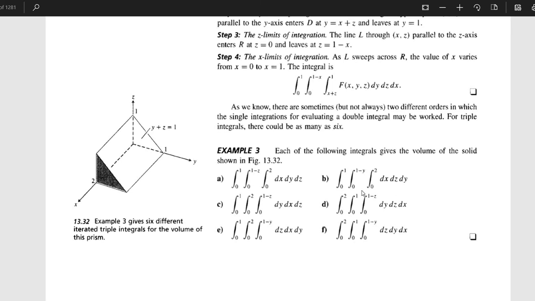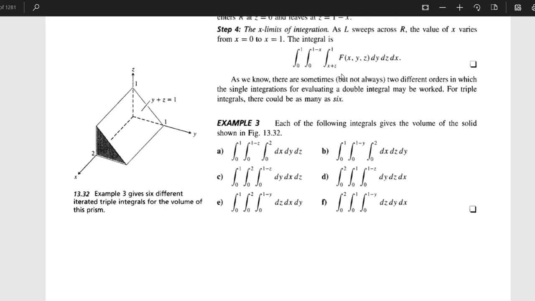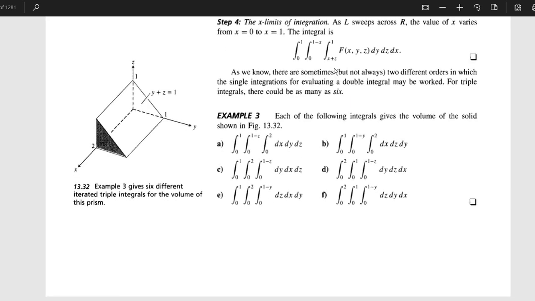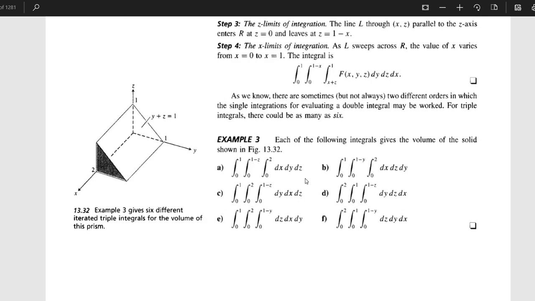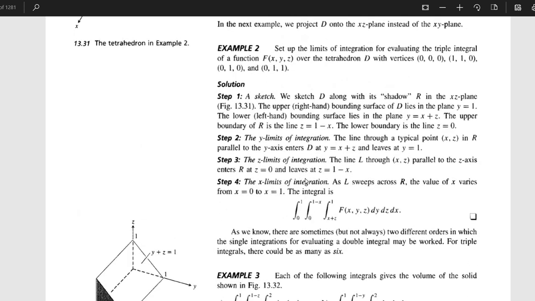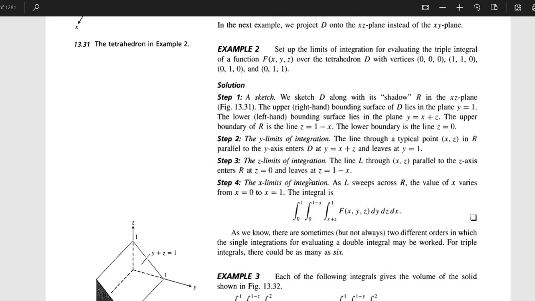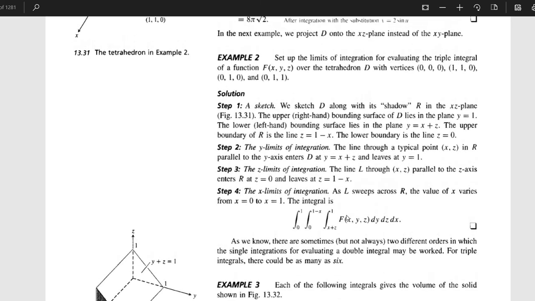Find out this integral when f equal to 1.